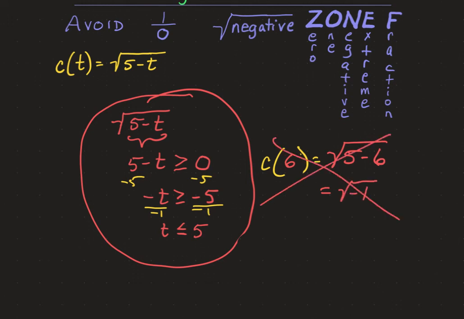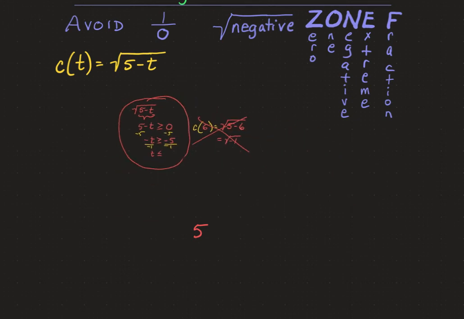So we cannot have that. We want to return a real number from our function. So if you started this problem by doing the analysis, then you could have gone ahead and told me what the domain and range were.